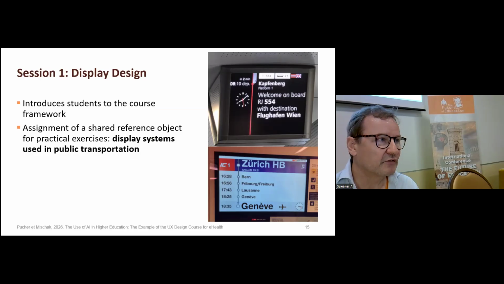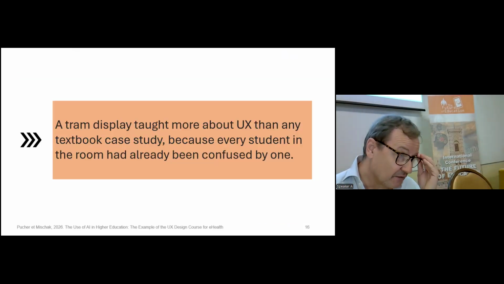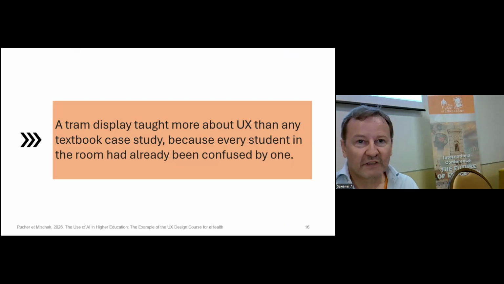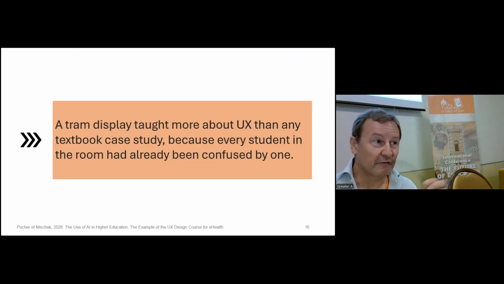Everyone knows public transportation, and everyone has been confused by them. And that is the idea of this first session, to get the buy-in of the students in this. So when I'm in Berlin or I'm in, don't know, in London, I always use Google Maps and not the local plans because of usability.